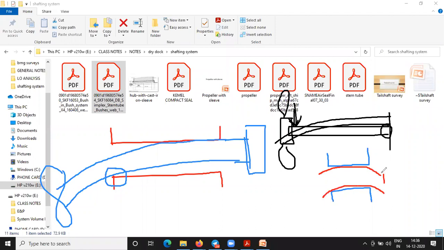If this is the nature of the journal bending, what happens? Here there is edge loading. Here there is edge loading. To prevent the edge loading of the bearings, the bearings are slightly chamfered. But what do you have here?